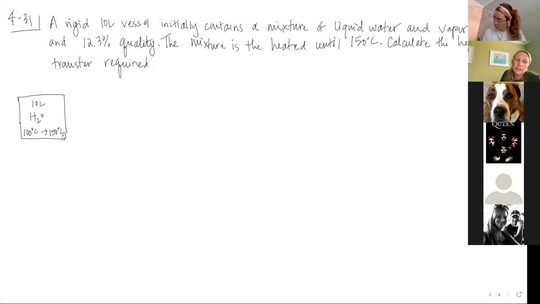We know that because of this heating up, we're going to have some heat transfer coming in. And we know that we are a mixture because, A, it tells you mixture, but also we have a quality of 12.3%. We want to calculate this heat transfer that's required to heat up this mixture to 150 degrees Celsius.